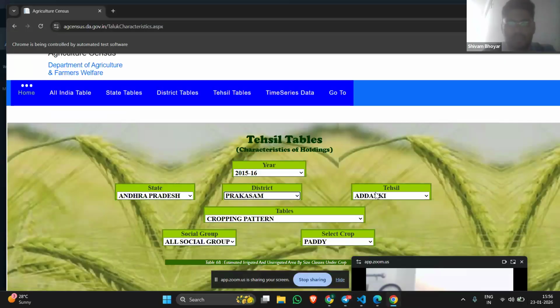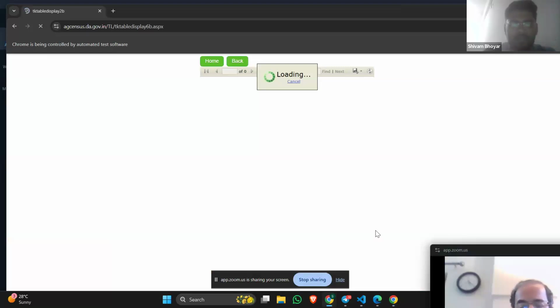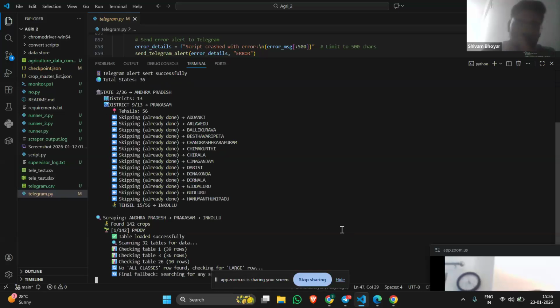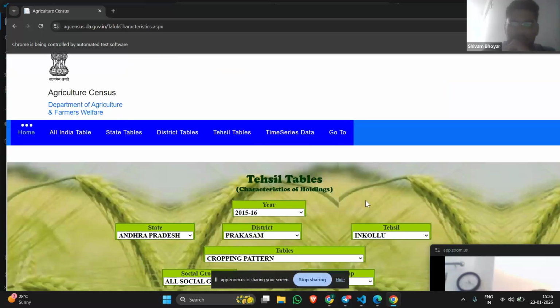It will directly build the parameters and scrape automatically. You can see there is no record, so it will continue to the next step. The site response is a little slow, so it will take time.